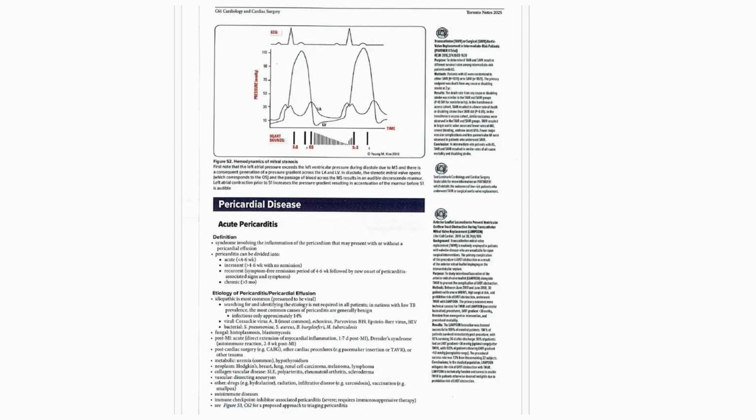Additional causes include drugs such as hydralazine, radiation therapy, infiltrative diseases such as sarcoidosis, and vaccinations, although these are uncommon. Immune checkpoint inhibitors. Modern cancer immunotherapies may rarely cause severe immune checkpoint inhibitor-associated pericarditis, which often requires immunosuppressive therapy.